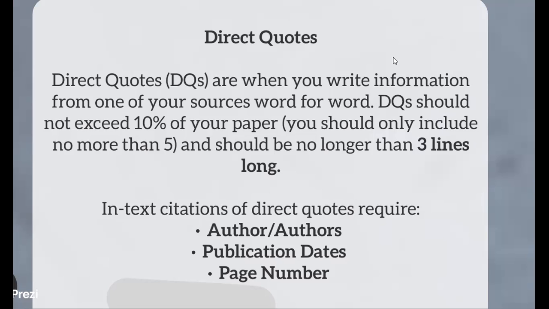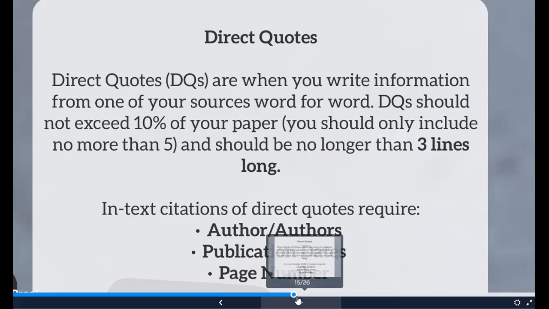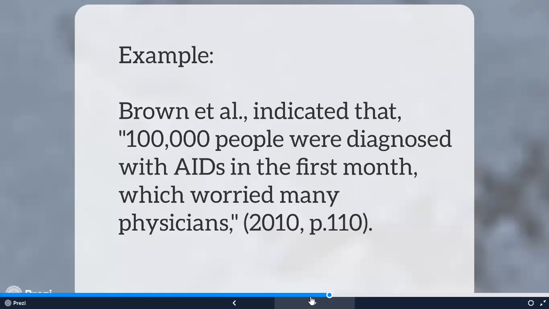Kasi iba-iba kayo ng kinukuhanan ng information. Okay, so what is a direct quote? So I'll show you what it looks like. So this is an example of direct quote. So if you are going to copy paste what that person said, you have to put this.